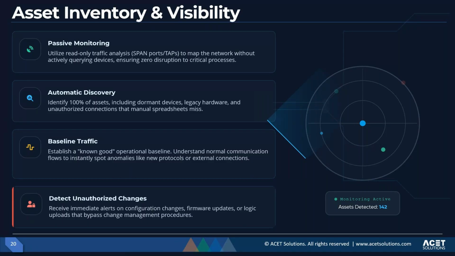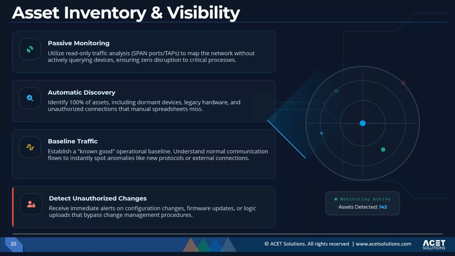So once this visibility is established, the next crucial step is to create a baseline of normal traffic behavior. This includes understanding which device is communicating with which other device, which ports and protocols they are using, and the expected frequency and direction of the traffic.